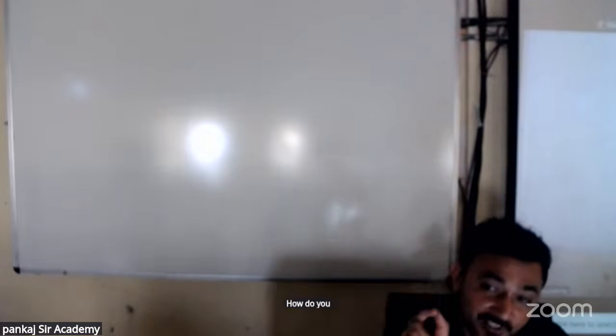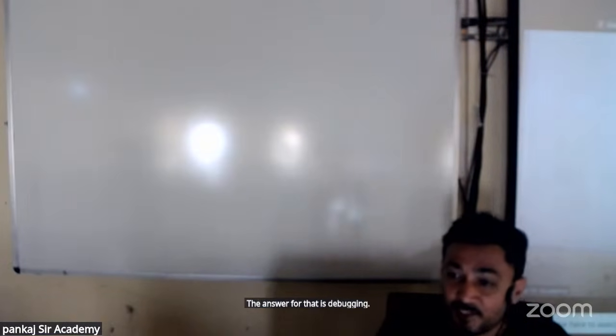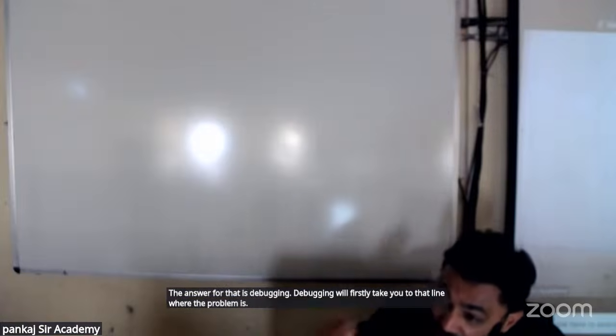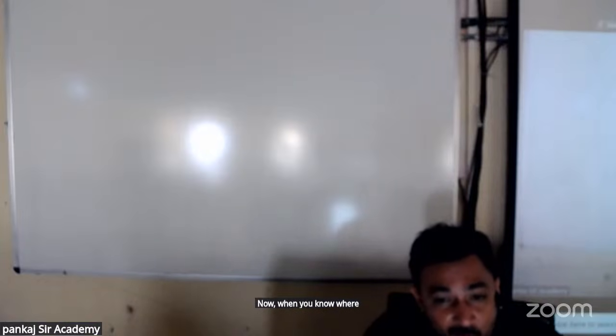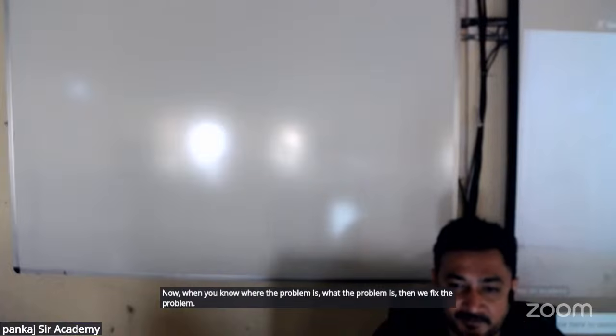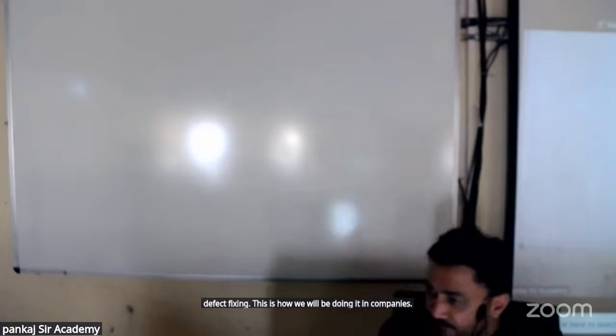How do you know which line the problem has occurred in? The answer is debugging. Debugging will first take you to the line where the problem is, and it will tell you what the problem is. Now when you know where the problem is and what the problem is, then we fix the problem. Defect fixing. This is how we do it in companies.